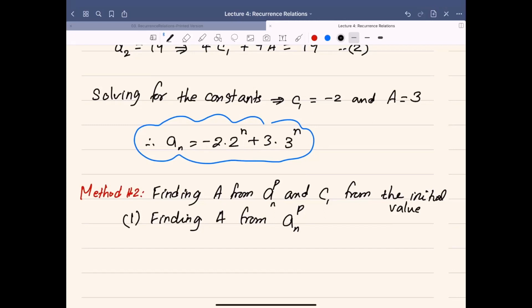So finding A from the particular solution and finding the constant from the initial value. Let us find A from anp.